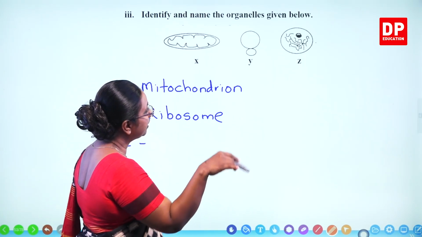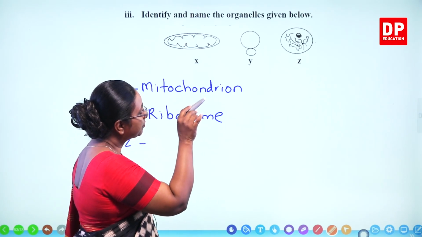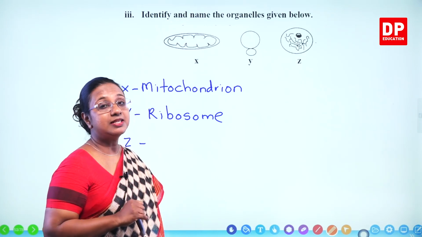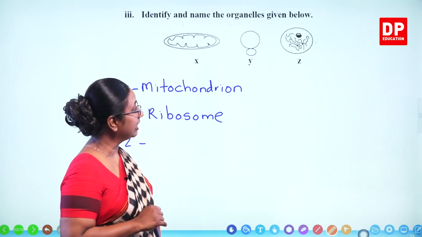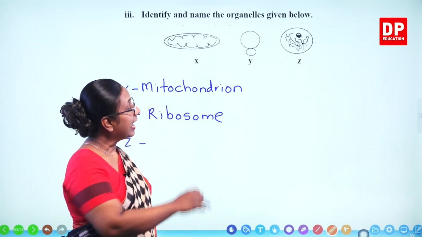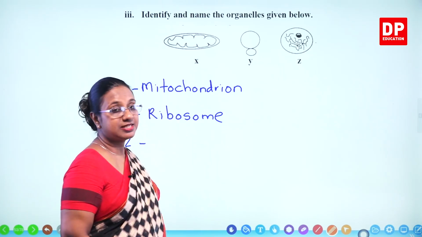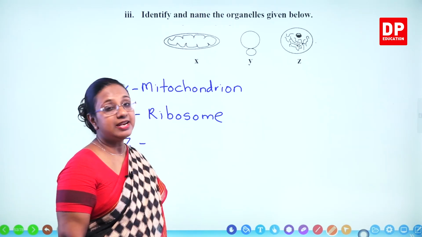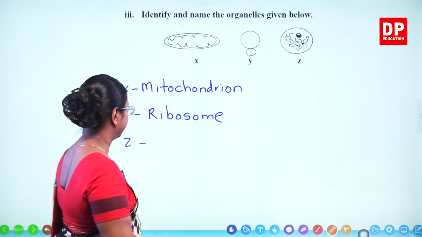It has a membrane around it, a small circular structure inside. The membrane is the nuclear envelope. The circle inside is the nucleolus, and the thread-like structure inside is the chromatin body. So, Z is the nucleus.